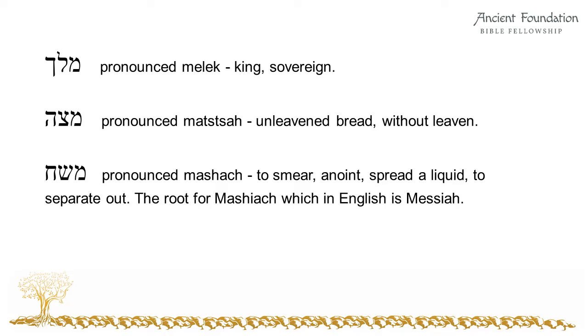A Mashiach is one that is anointed. So there were many Mashiachs throughout the Bible. You had kings and high priests that were anointed, but there is only one, the Mashiach, which is obviously Yeshua HaMashiach, which is pronounced in Hebrew. We would say Jesus Christ in English, but the scriptures say it is Yeshua HaMashiach, the anointed one.